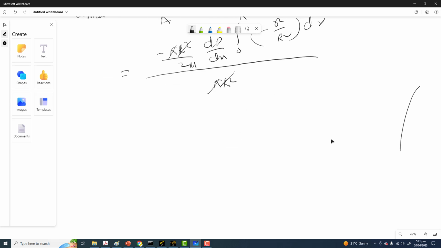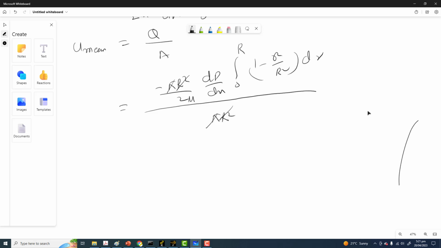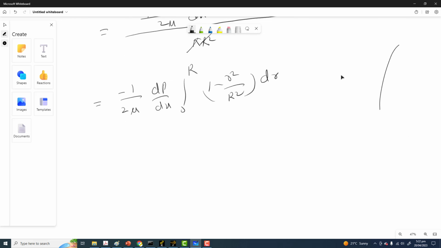So finally we get the equation as minus 1 upon 2 mu dp by dx and integration from 0 to R of 1 minus r square upon R square into dr. Okay, now just apply integration.